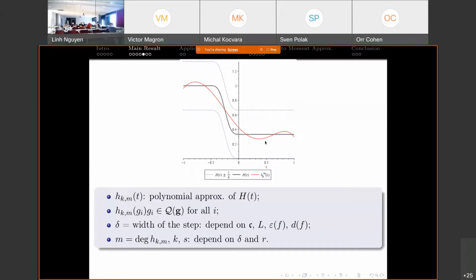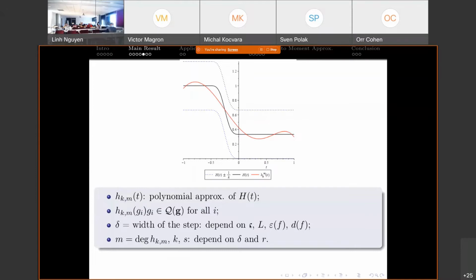So what we can prove, once we construct this red function, our coefficients, is that H of GI times GI is in the quadratic module. And then we have to analyze the degree and the exponent of this function, HKM. So this will depend on delta, which is the width of the step that you have to make between the constant one function and the small part.